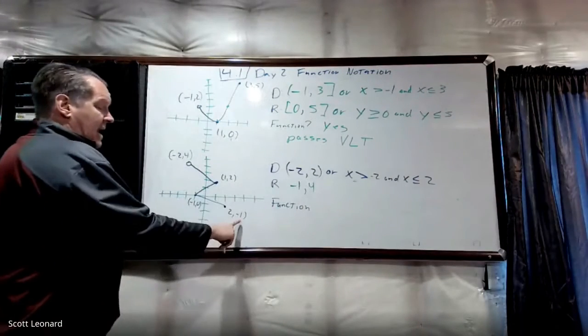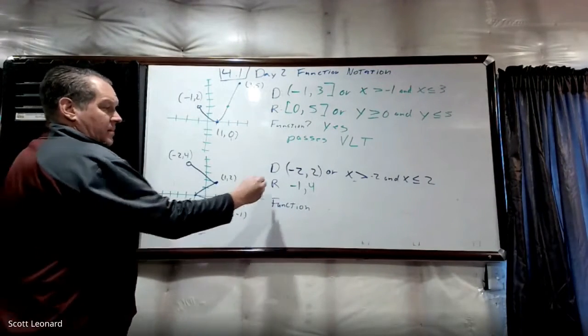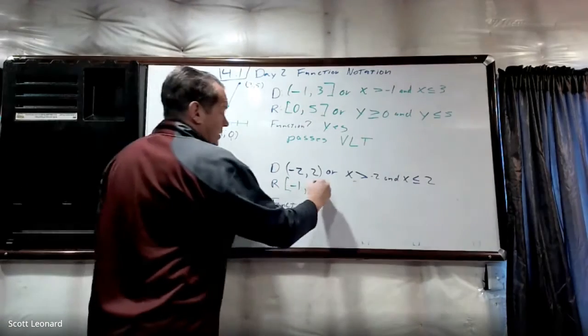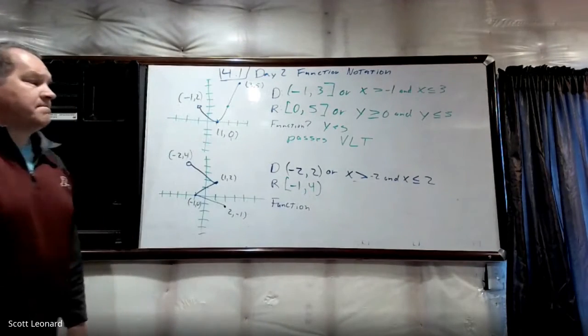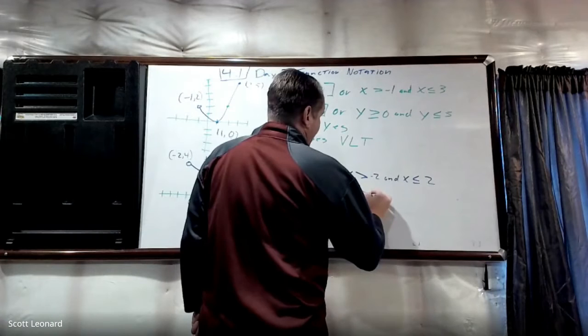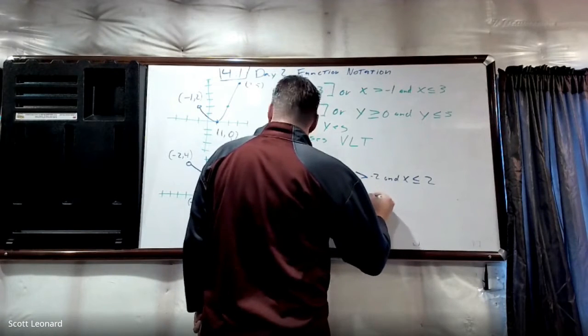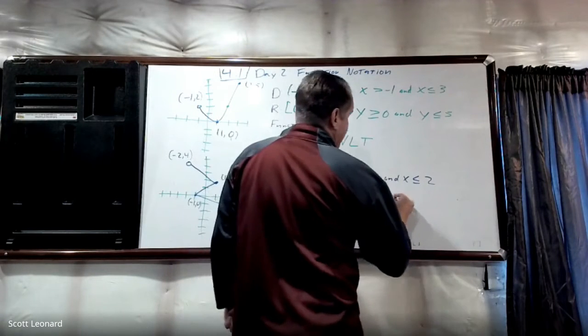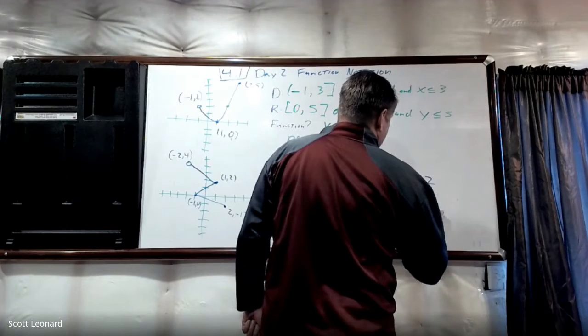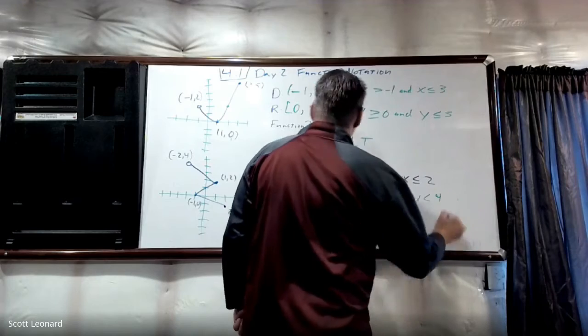All right. -1 is a closed circle, so I'm going to go bracket. 4 is an open circle, so I'm going to go parentheses. All right. y greater than or equal to -1, and y less than 4.